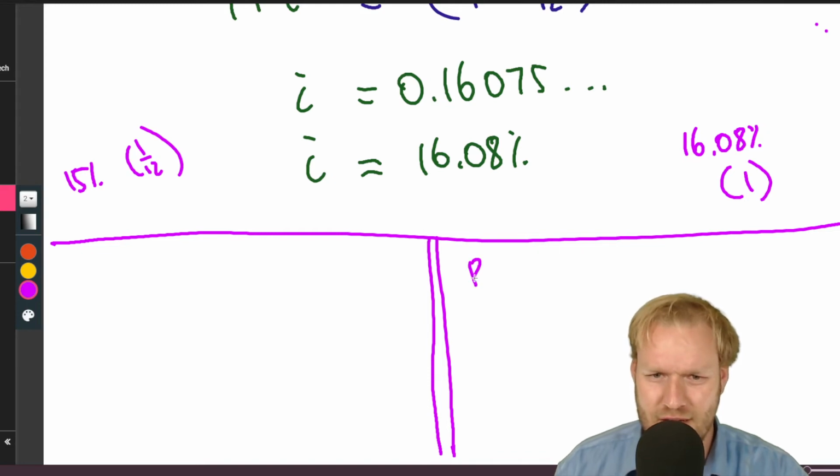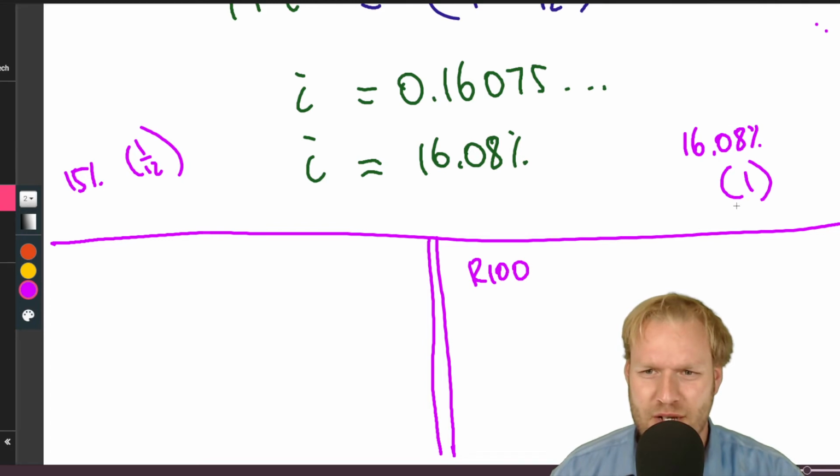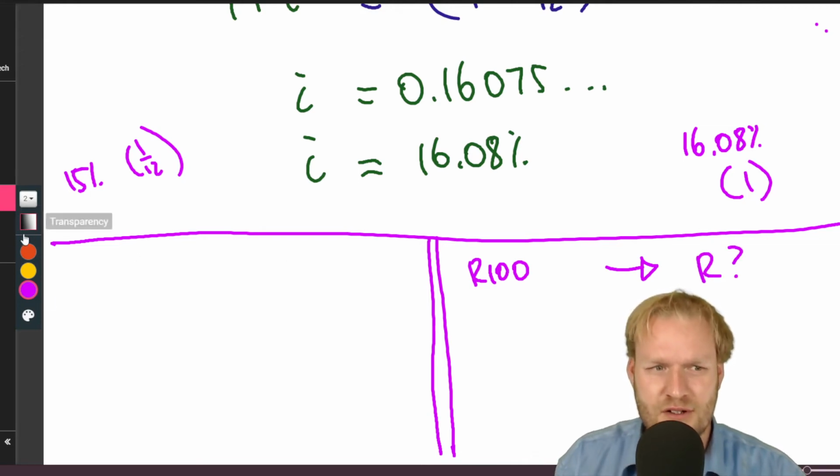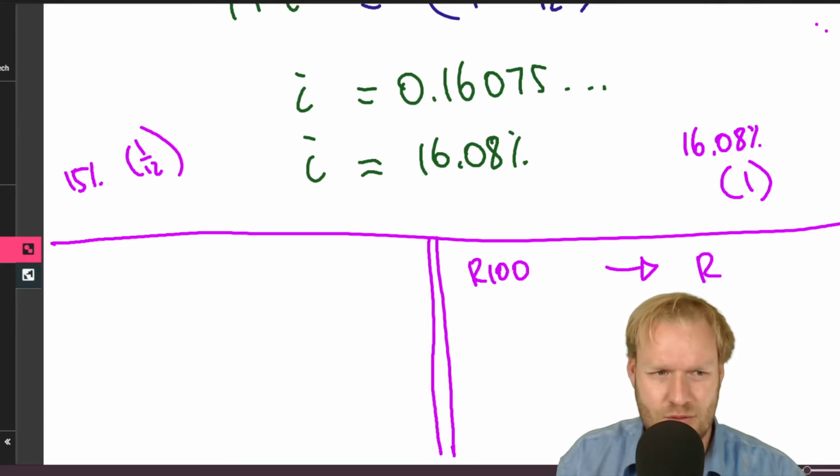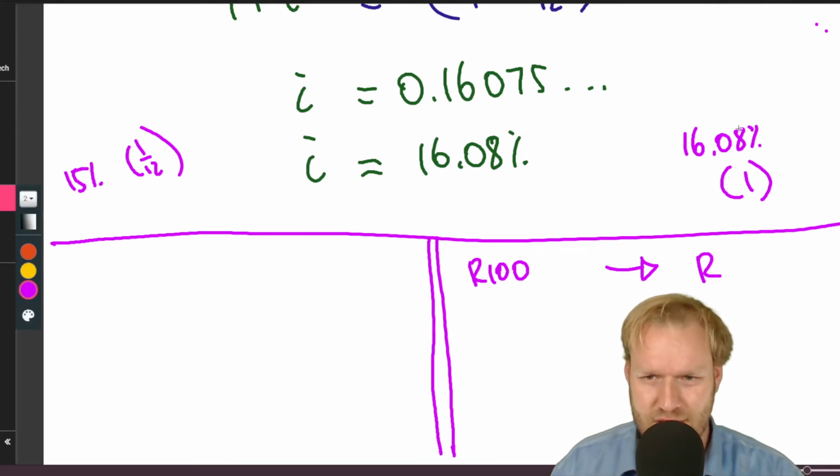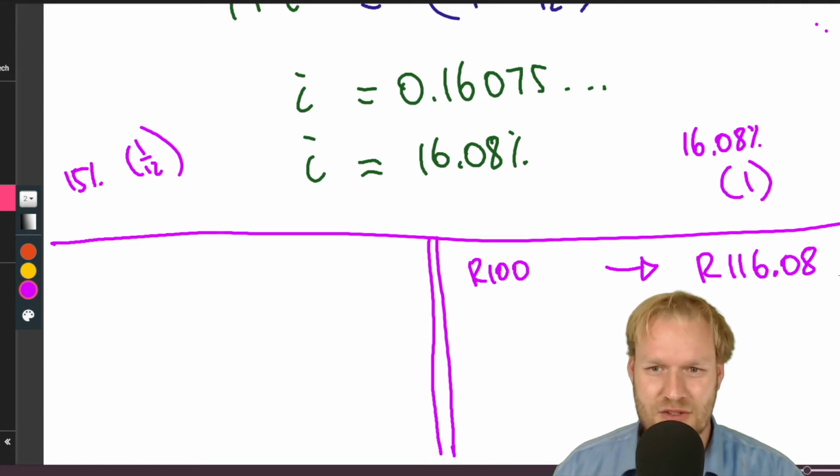If we invested 100 Rand for 1 year at 16.08% compounded annually, 1 year later, how much money would we have? Well, we've invested 100 Rand, we're getting 16.08%, so we must be earning 16 Rand 8 cents. So we must come out with 116 Rand and 8 cents.